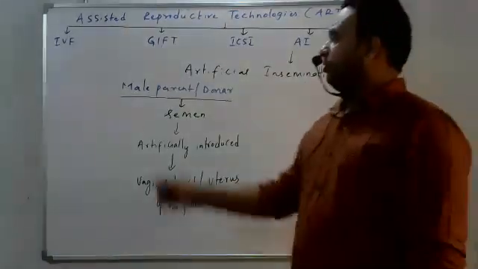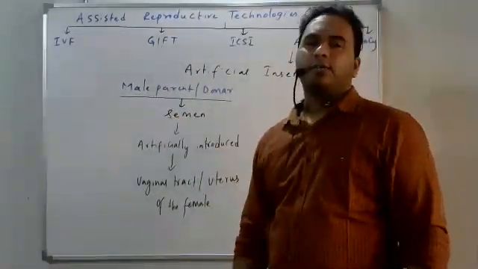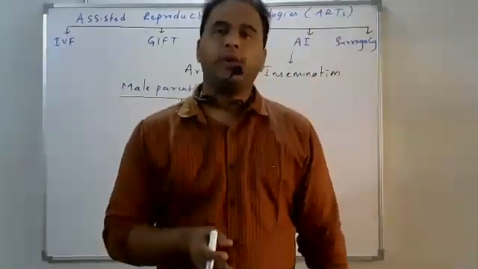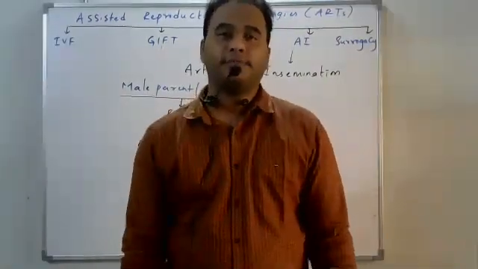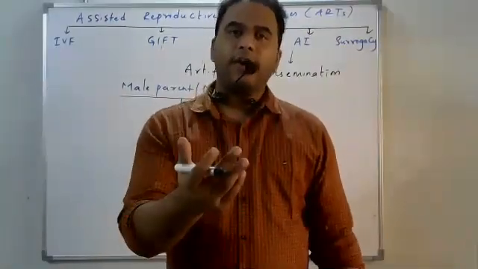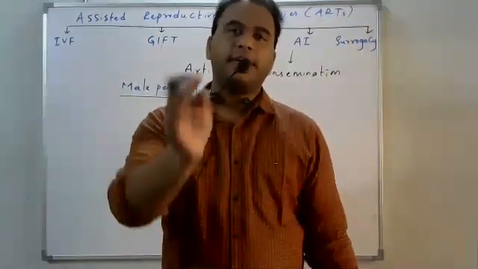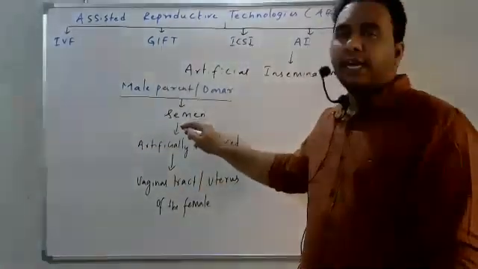Suppose, sir, why collect the semen from the male parent? Suppose the male parent is naturally fertile, but he cannot perform insemination. Insemination is not happening during coitus, but he can produce semen. So for those kinds of parents, semen can be collected.